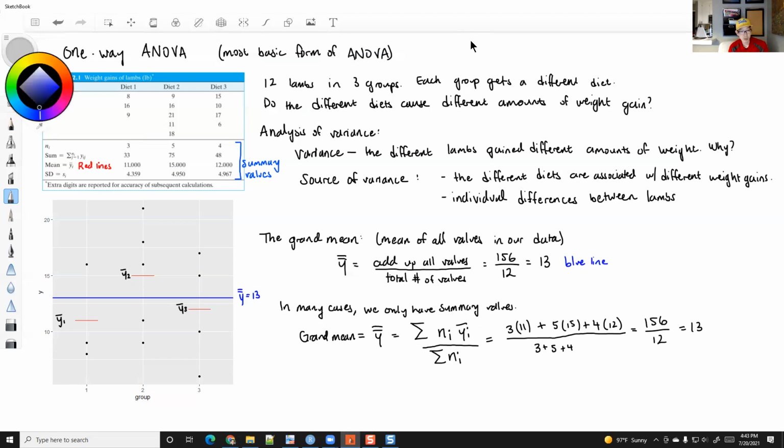Now let me just give a warning here because I see this mistake made often, okay? This is what you do not want to do: you do not want to take the mean of group means.